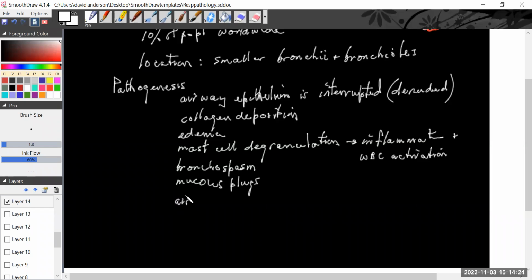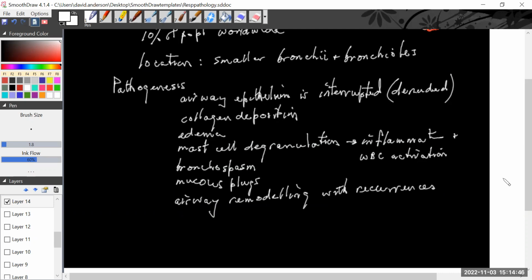Then we're going to get airway remodeling with recurrences. So the more often these exposures are, the more likely there's going to be some remodeling.